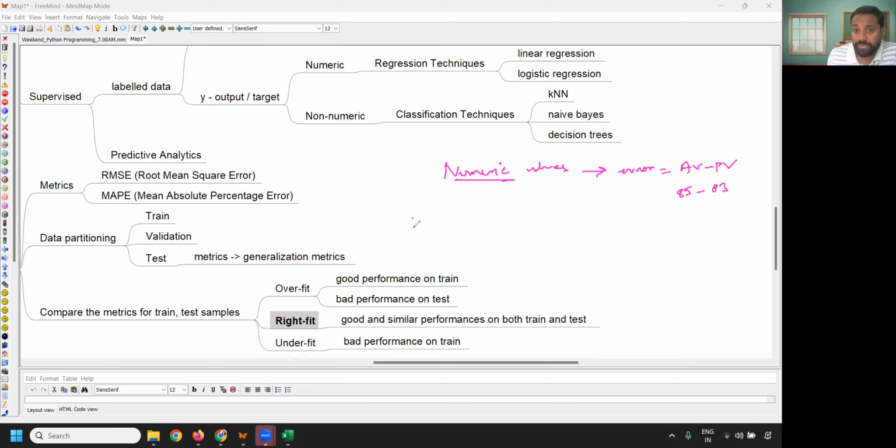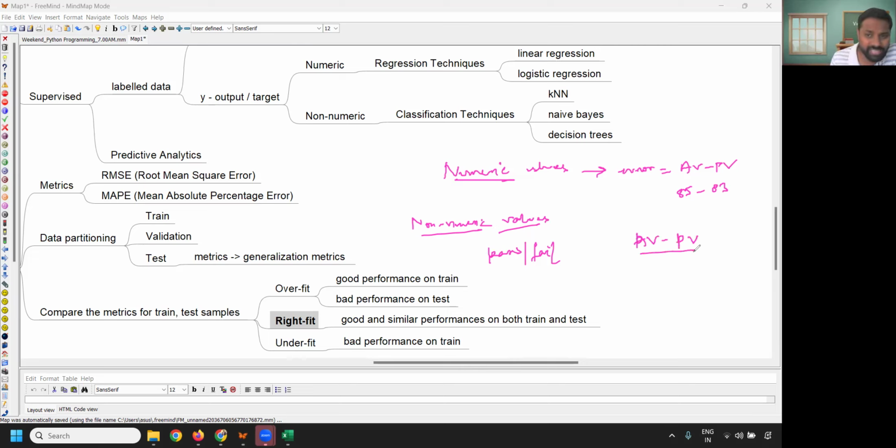But what if non-numeric values are to be predicted? That means we are talking about models which are trying to predict non-numeric values, classification models. I'm talking about student pass or fail. Now, in this non-numeric case, I cannot say actual value minus predicted value.